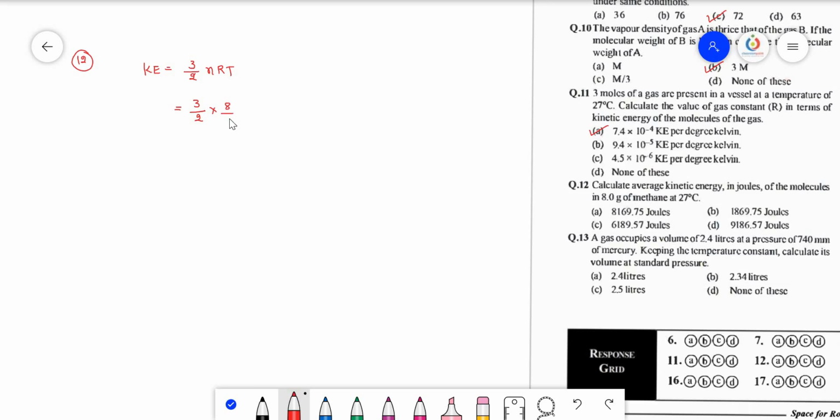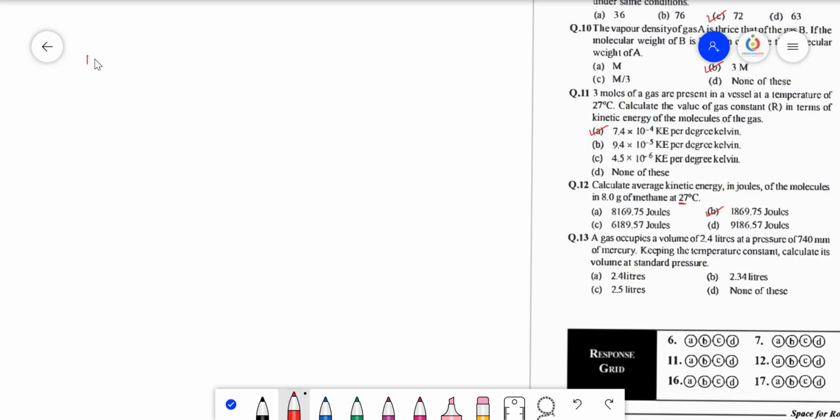Just take the given mass by molecular mass, that is 8 by 16, into 8.314 joules per Kelvin per mole, and temperature is 300 kelvins, as the temperature is given in kelvins. So kinetic energy now becomes 1869.75 joules. So option B is correct.